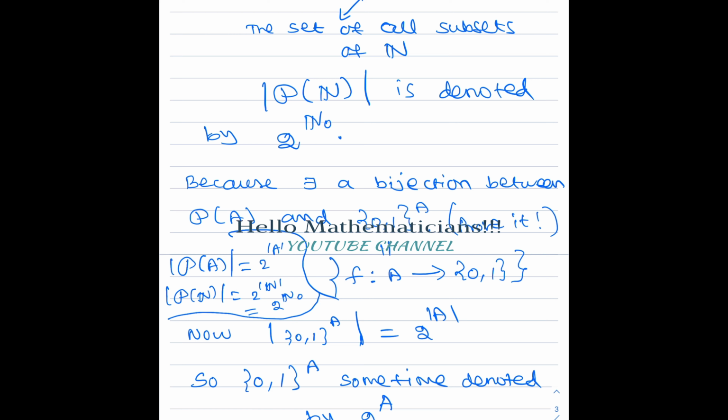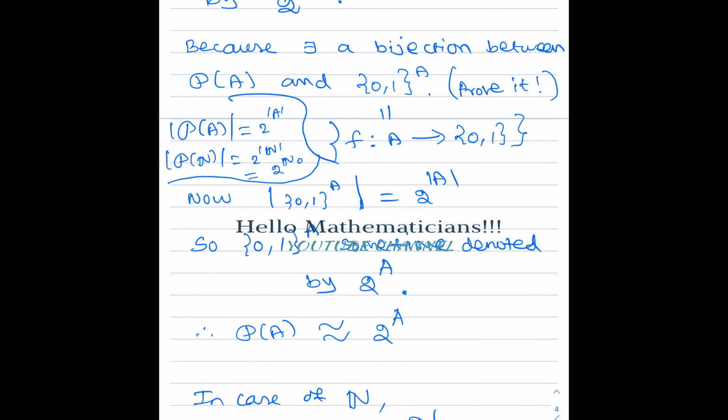So for this reason, the cardinality of the power set of N we denote by 2 power aleph naught. Similarly, the set {0,1} power A is also sometimes simply denoted by 2 power A.